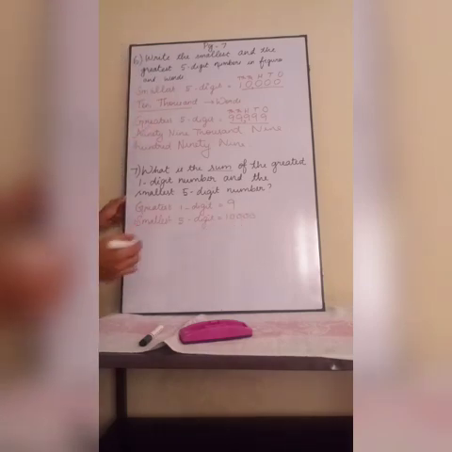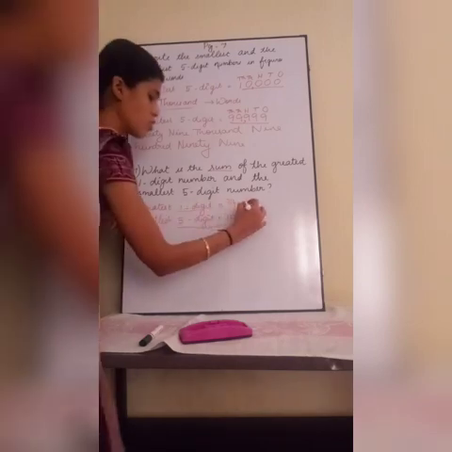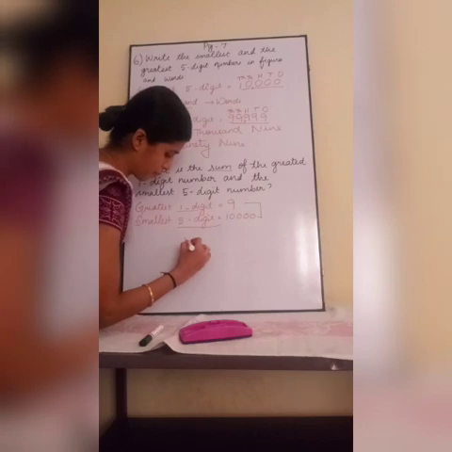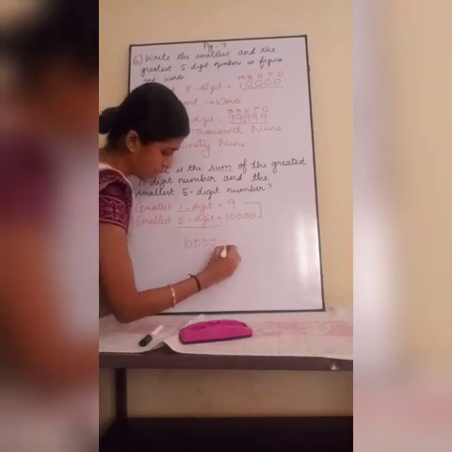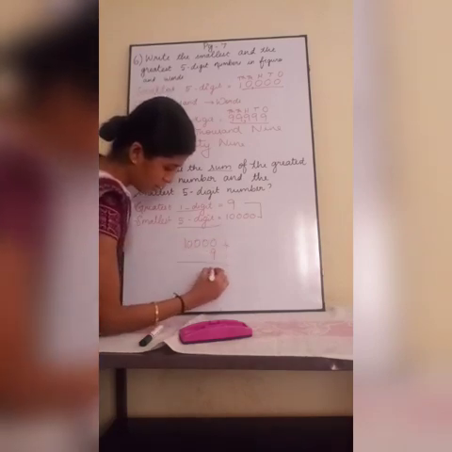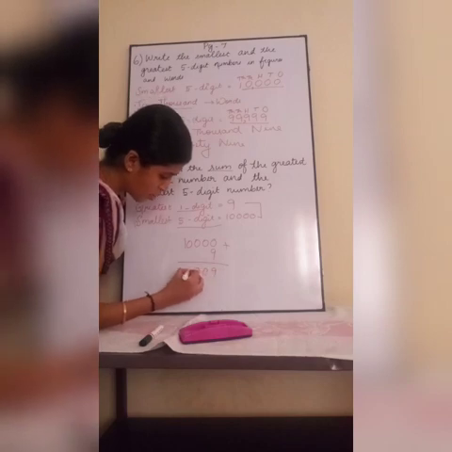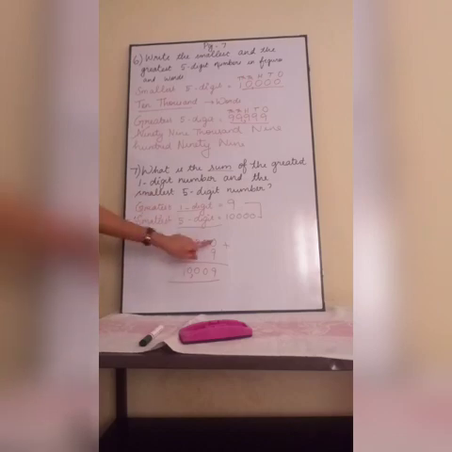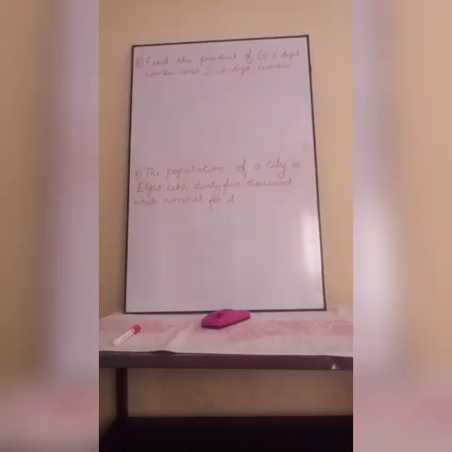So we have to add them: 10,000 plus 9. You will get 10,009. That is your answer. 0 plus 9 is 9, and the rest are zeros, so 10,009. Understood? Next is the eighth question which we are going to discuss.